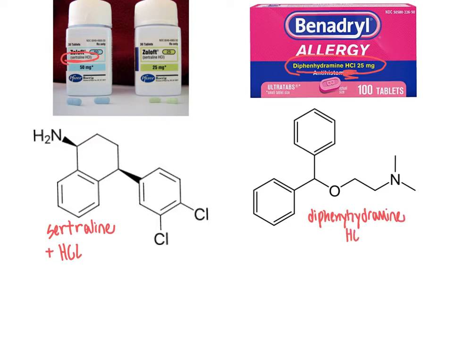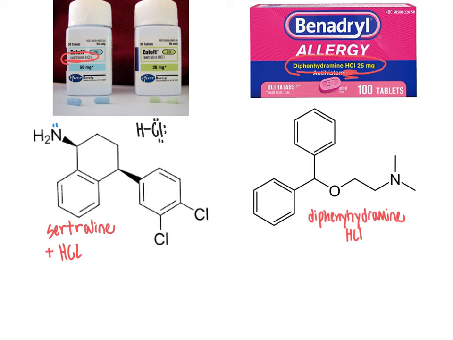So in the reaction with HCl, if we have an amine group, since amines are basic, what will happen is that the amine will use its lone pair of electrons to come over and attack the proton from the acid HCl.